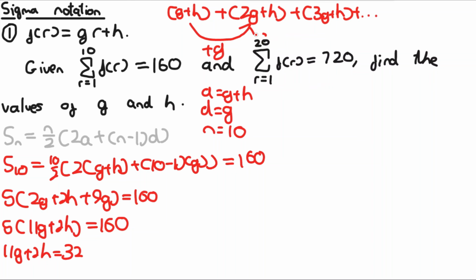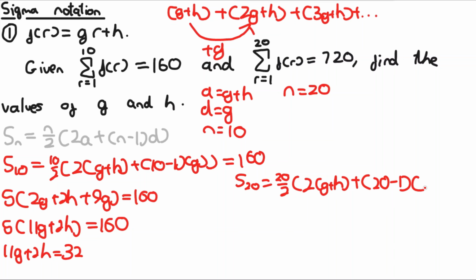So here, n is equal to 20 instead. a and d are still the same, and then we can sub it into here. So S20 is equal to n over 2, so 20 over 2, of 2a, so this is still 2 of (g plus h), plus n minus 1, so 20 minus 1 times d, which is equal to g, and this is going to be equal to 720.